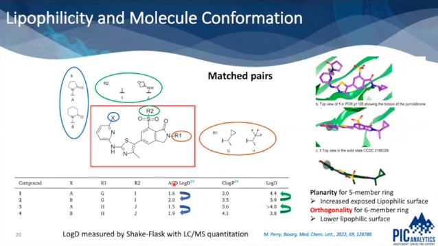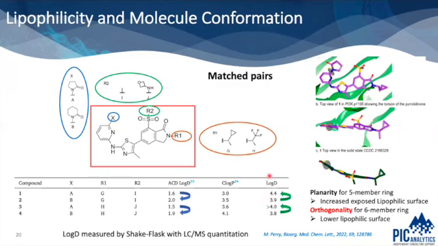That being said, when calculating or predicting the lipophilicity using ACD or their own eLogD, when you increase this X substituent from 5-member rings to 6-member rings, you could expect an increase in lipophilicity. That being said, what they observed was lower lipophilicity.